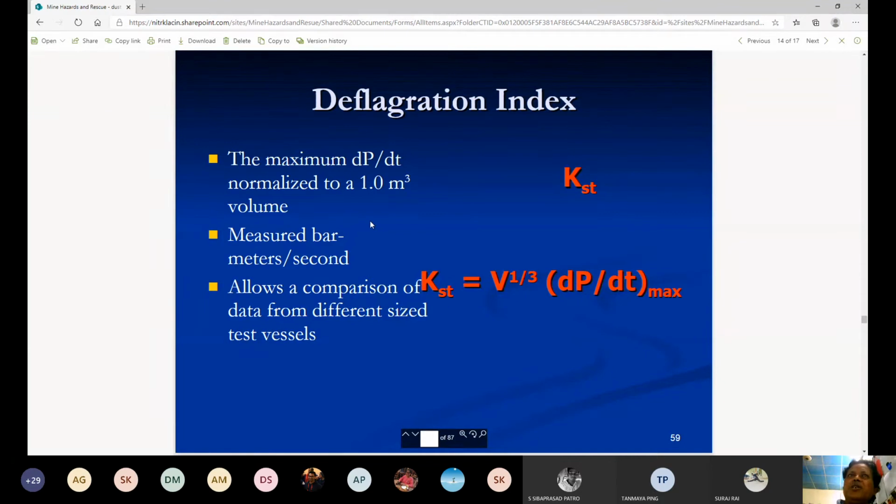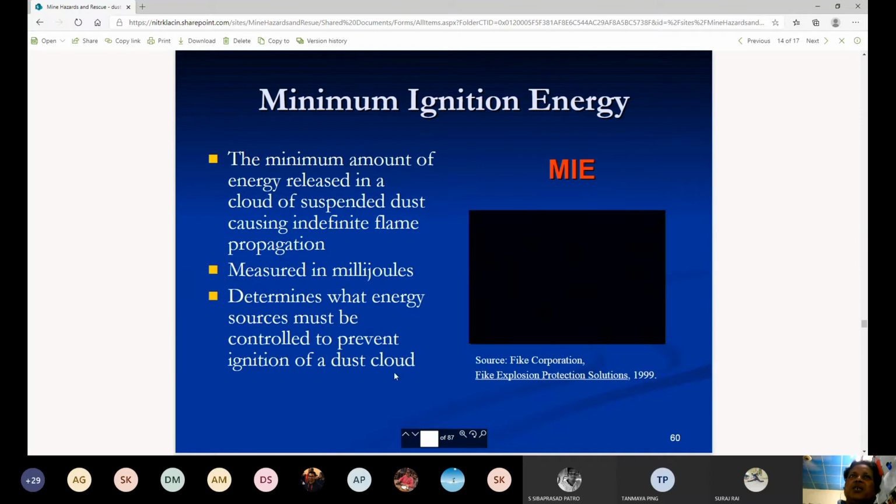This maximum dP by dt is normalized to a 1 cubic meter volume, measured in bar meters per second, and allows a comparison of data from different sized test vessels. So that is the deflagration index.